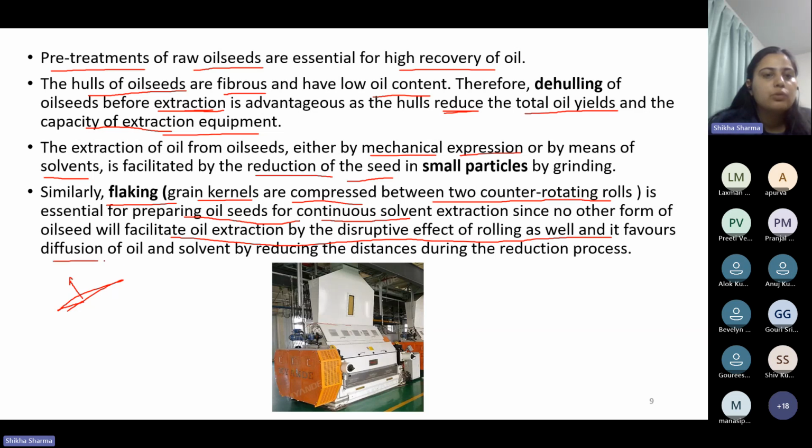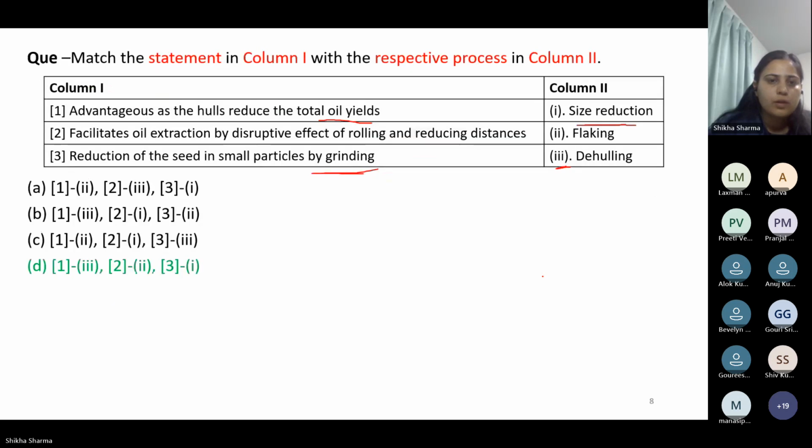Diffusion of the oil and the solvent by reducing the distance also helps in the oil extraction. So facilitating oil extraction by the disruptive effect of rolling and reducing distance is flaking.